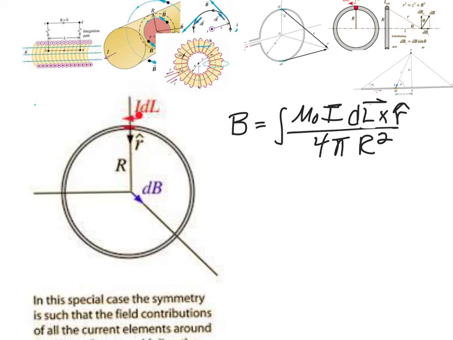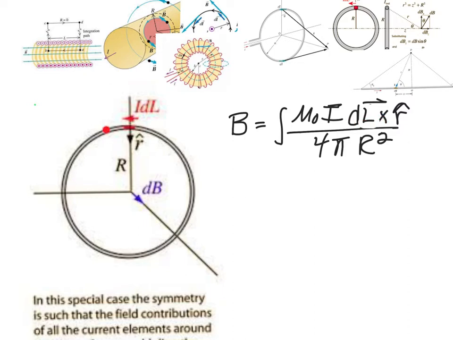So here's a current loop, and we want to know the field at the center. And by right-hand rule number 3, we know the direction of the field is out of the page. But what's the strength of the field? So we integrate around the wire, and they use dl instead of ds, so I'm using dl.